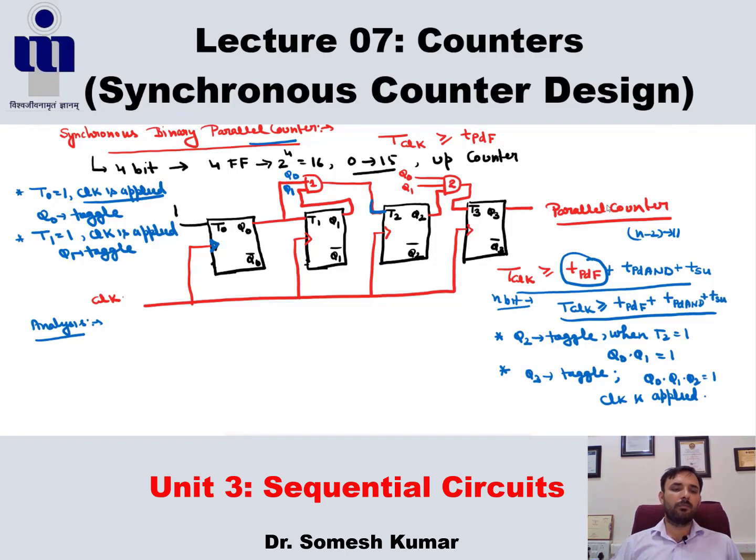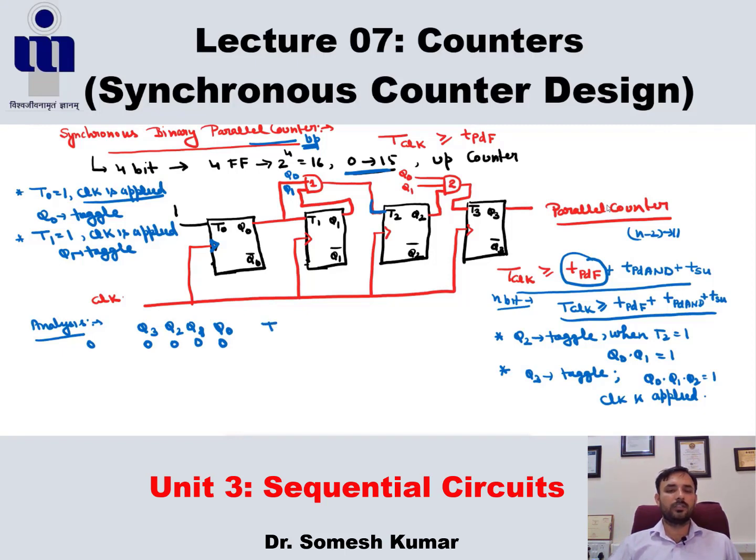So in the 0th clock, I am assuming Q3, Q2, Q1 and Q0 are initially all at the clear position, meaning 0, 0, 0, 0. Because this is a synchronous binary parallel up counter, it counts from 0 to 15. So now Q3, Q2, Q1, Q0 are all at the clear position.